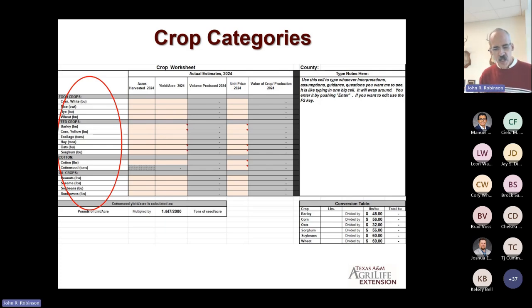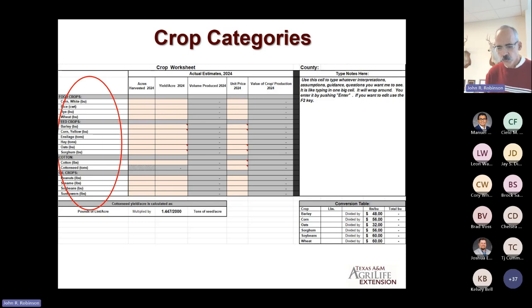We get some errors in cotton too. I'll be looking at the increment report form for your county, and the cotton number is, interestingly, 100 times as large as it was in the previous 3 years. If you gave me your worksheet, I would look and say, were you meant to put 75 cents a pound for the price? You just put 75, which this Excel file is going to think is $75 per pound.